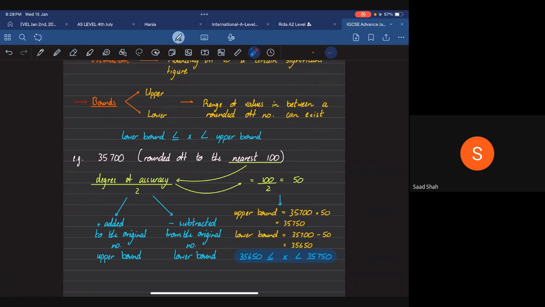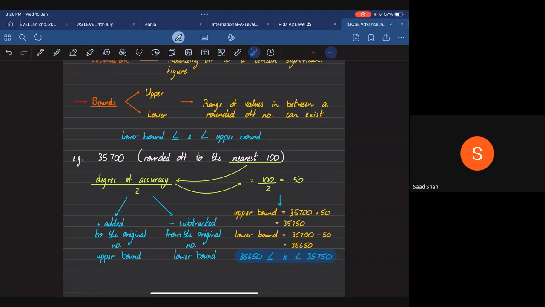But whenever you're calculating something and you're doing some sort of calculation involving two certain numbers which are adding, subtracting, multiplying, or dividing, not at the same time, but anything could happen. That is when, what Saad was telling us, you may have to use upper bound and lower bound differently.